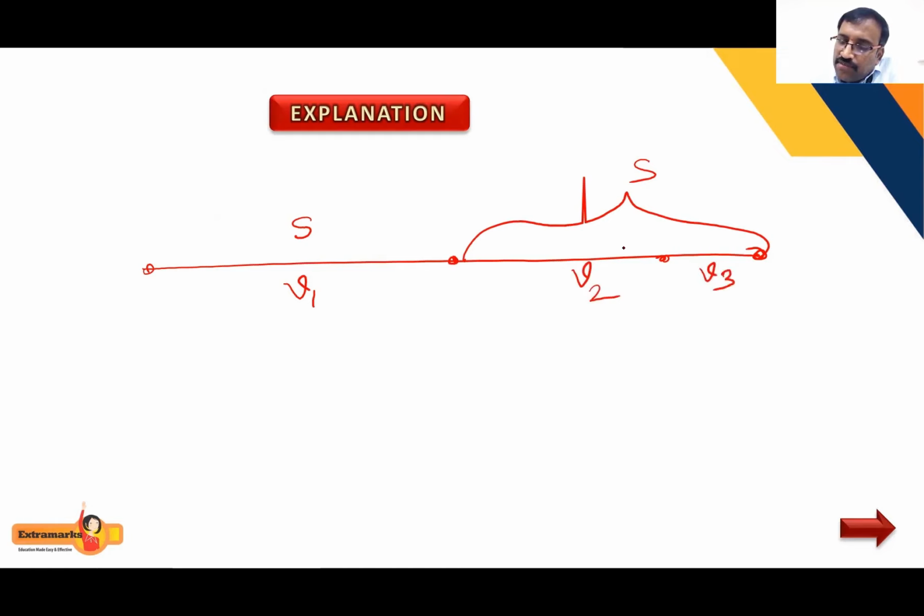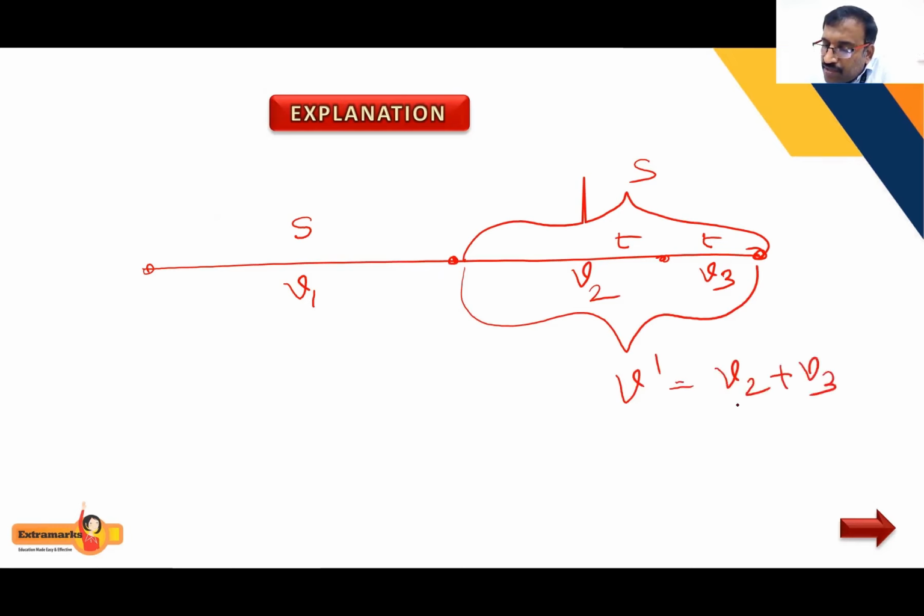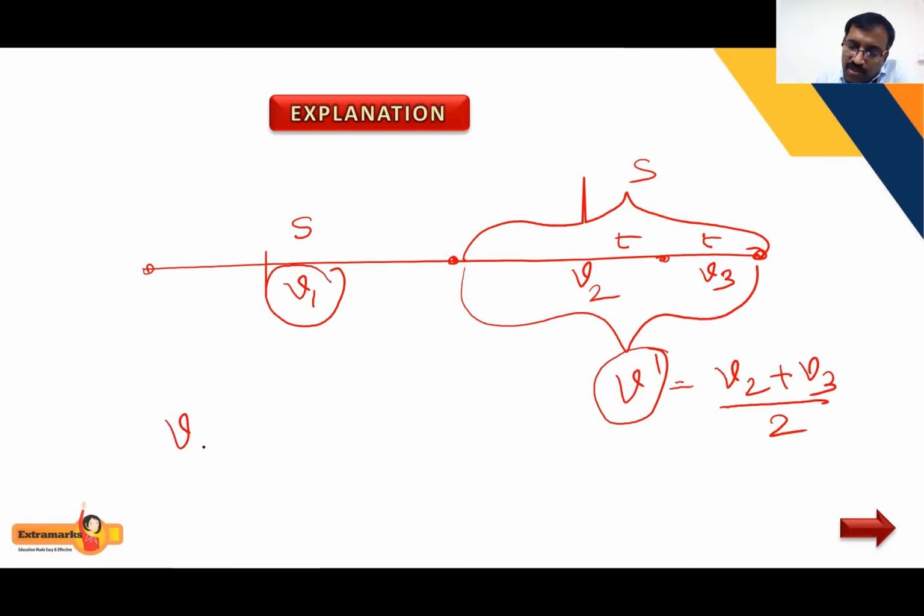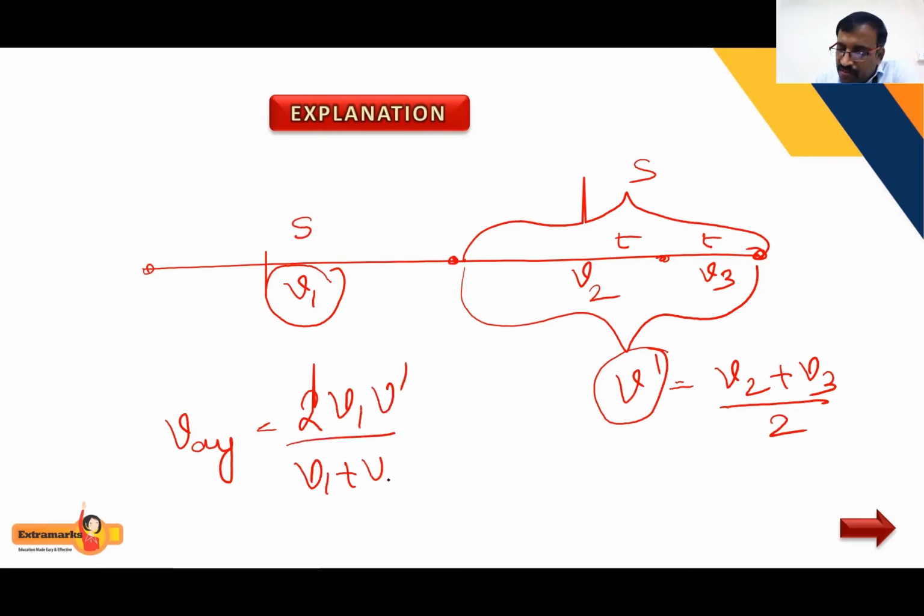As you know, in time T, in time T. But for this part, what is V average? Let me say V dash. V dash is, as we just discussed, half, V2 plus V3 by 2. Now I can say this is the first half, this is the second half. So the formula is: V average is equal to 2 V1 V dash by V1 plus V dash. When half distance is given, this is the formula.